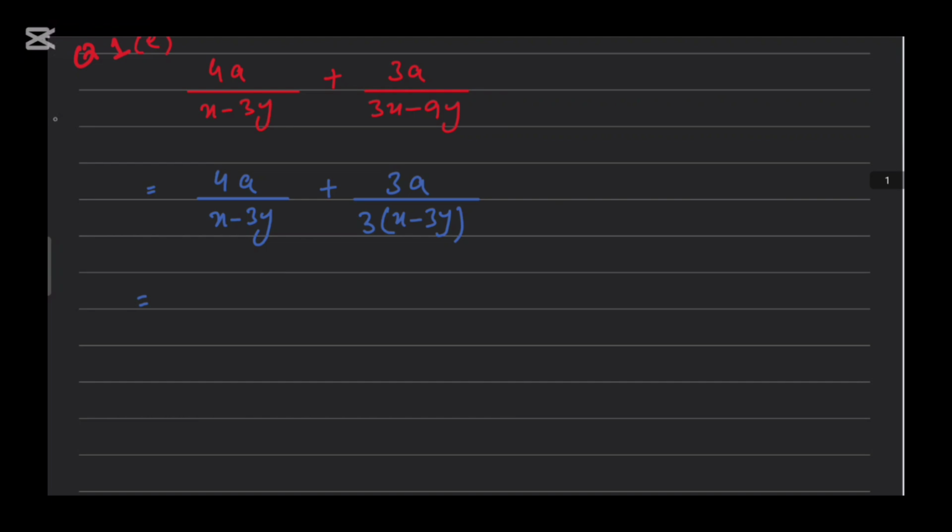So let me explain with an easiest method how you will make the denominator the same. You can see this is 3 here, so you have to make 3 here as well. So how will you make it? By multiplying numerator and denominator with 3.